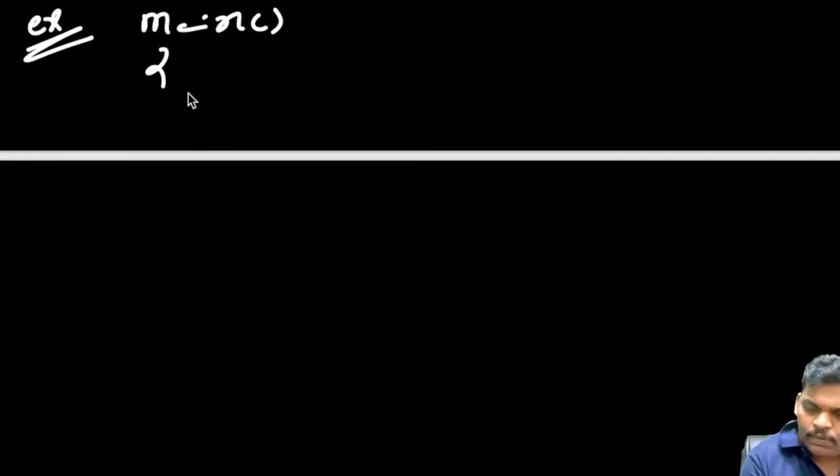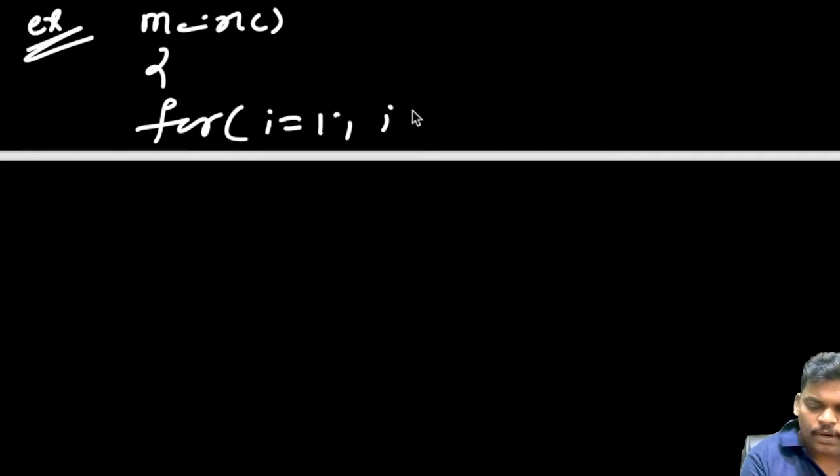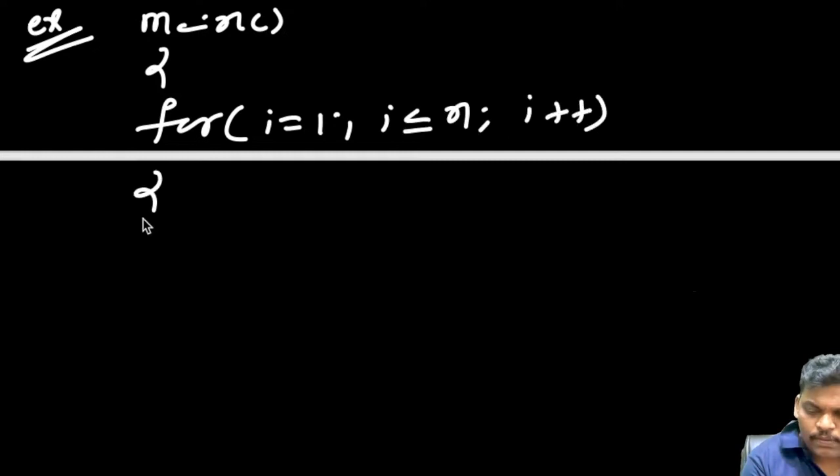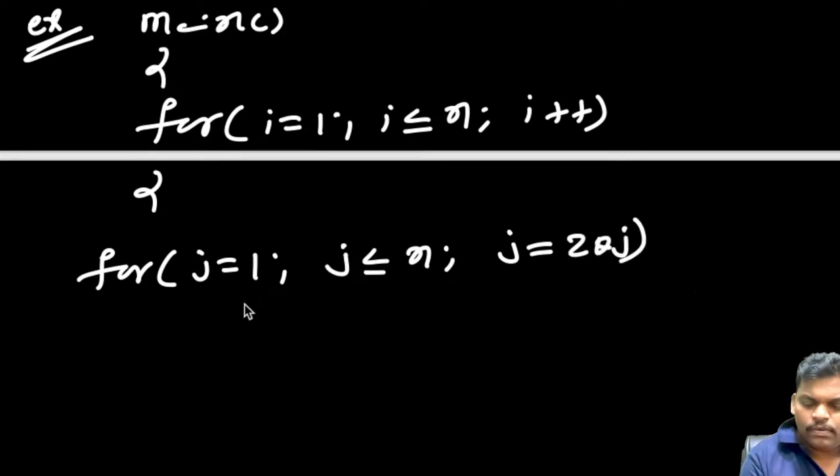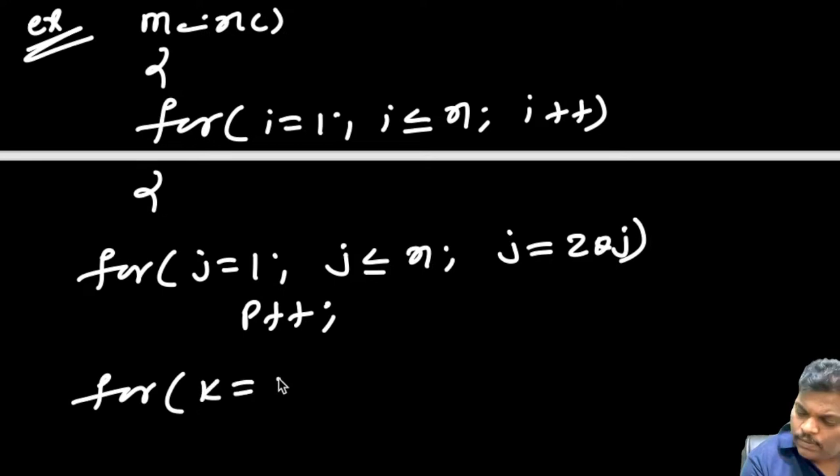for i = 1, i <= n, i++; for j = 1, j <= n, j = 2 * j, p++; for k = 1, k <= n, k = 2 * k, q++; end of the for loop, return q.